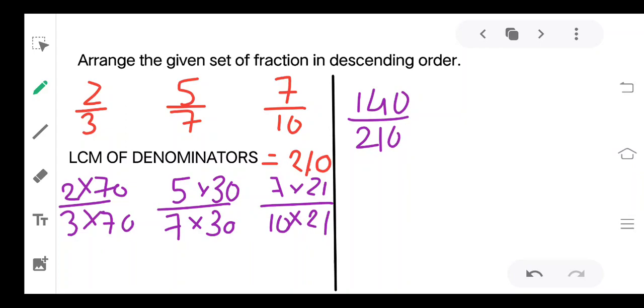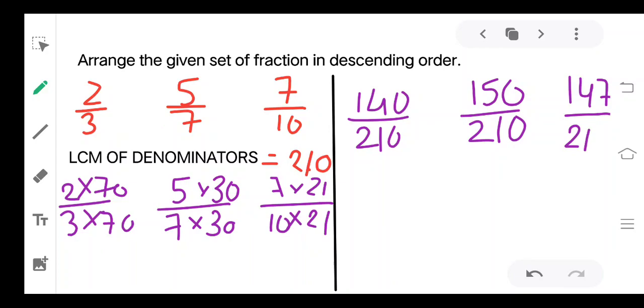5 30s are 150 upon 210, and 7 21s are 147 upon 210.